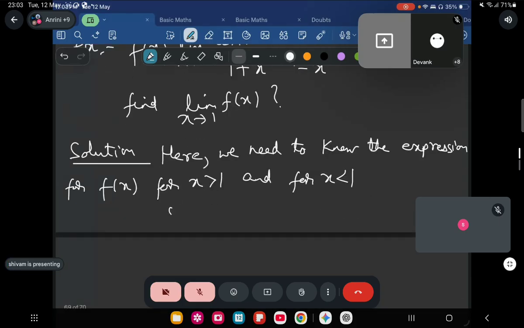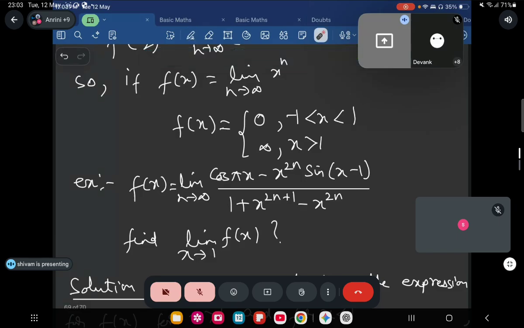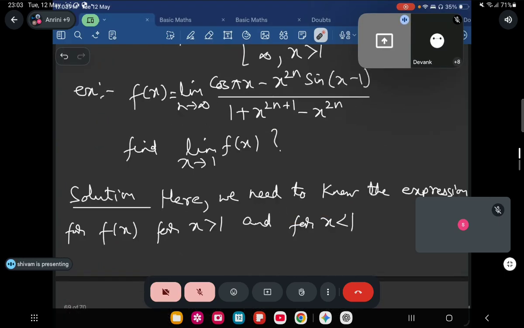Okay, so can I say for x greater than 1 what will happen? Acha, for x less than 1. For x less than 1, this part is gone. Tell me, are people getting? For x less than 1, this term is gone, this term is gone, and this term is gone. Right.